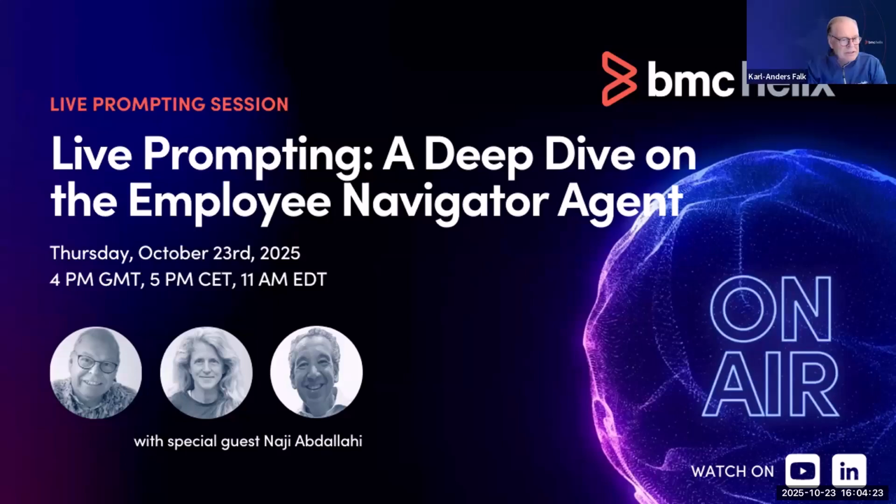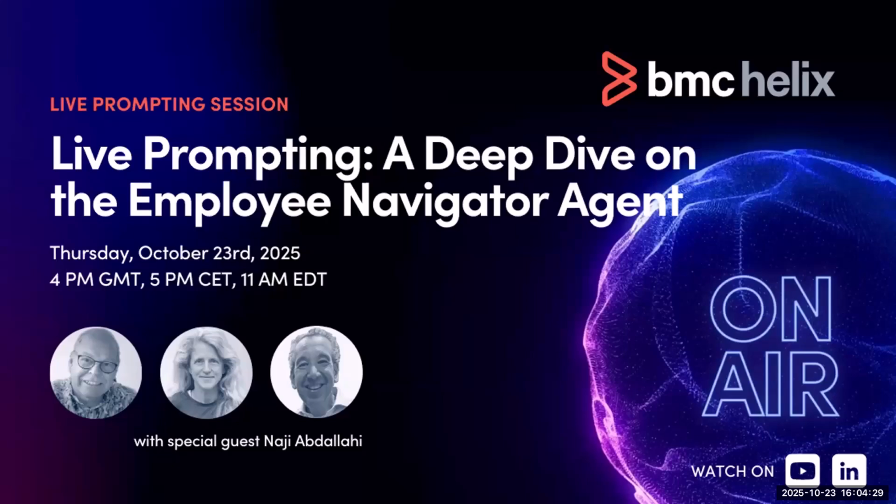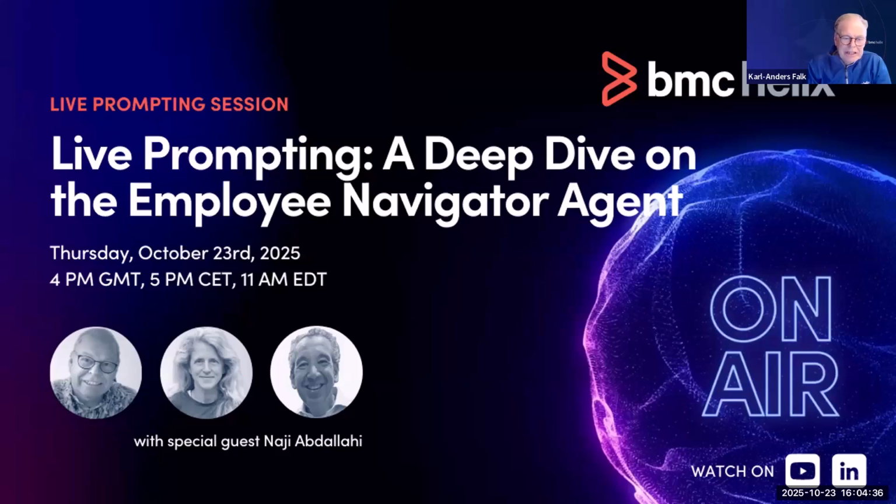Yeah. This is number 5 in this series of live prompting, if I remember right? Yes. We started out and we looked at how you can use this Employee Navigator Agent and how you could generate documents and help people in the organization to automate things they are doing daily.